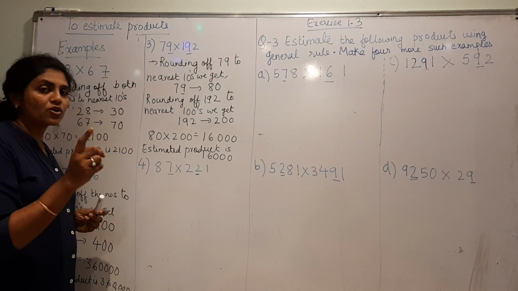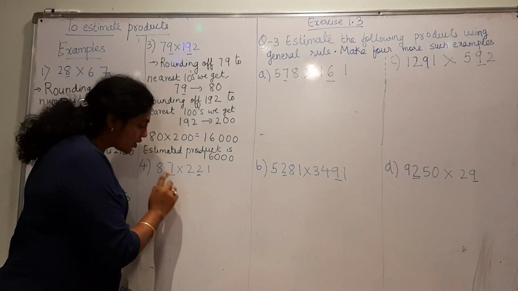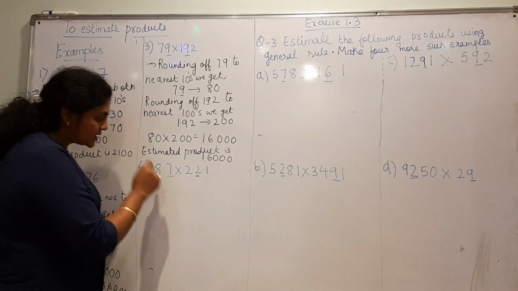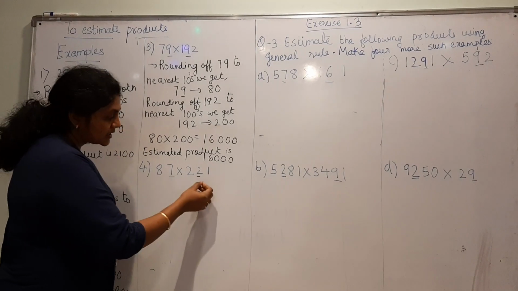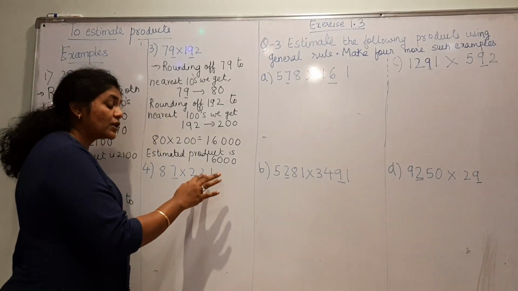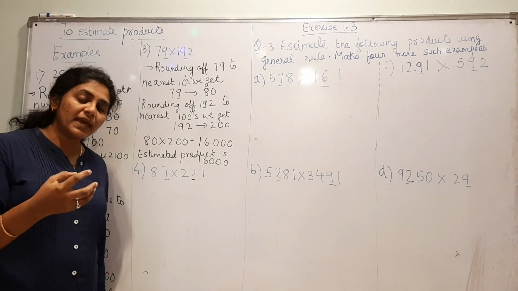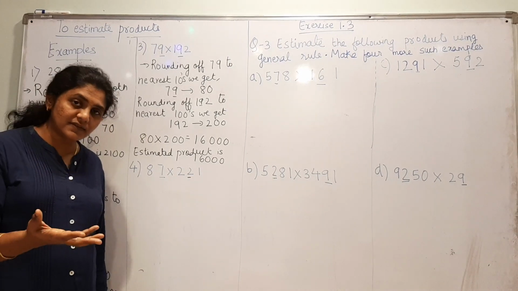This you can round off to the nearest tens. When you round off to the nearest tens, this will be 90. This you round off to the nearest hundreds, this will be 200. We are doing this to make the multiplication easy.